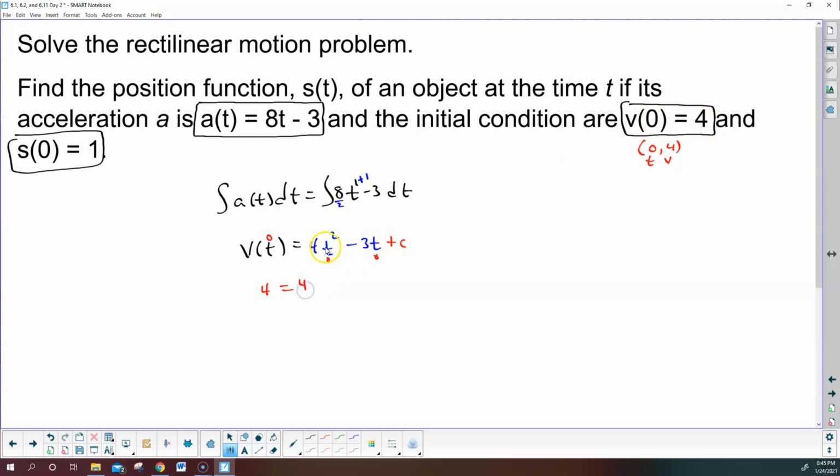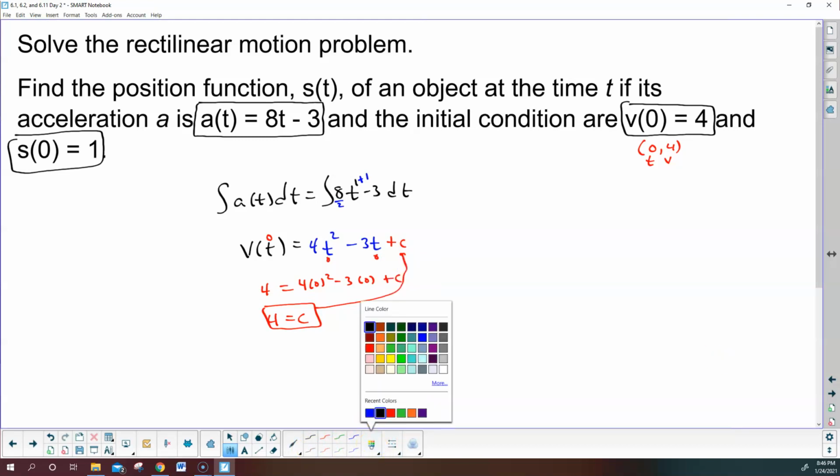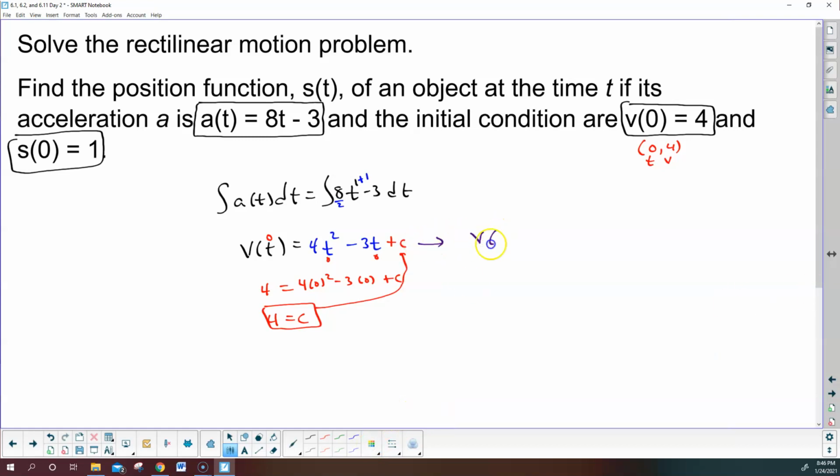And if I plug in a 0 here, and a 0 here, what's left over? 0, 0, 4 is equal to c. So this is like the particular solution that we just did, and it's going to go right there. So then I just want to rewrite this one and say, all right, here's velocity. This is the equation that will give me velocity. But we know that c is 4.